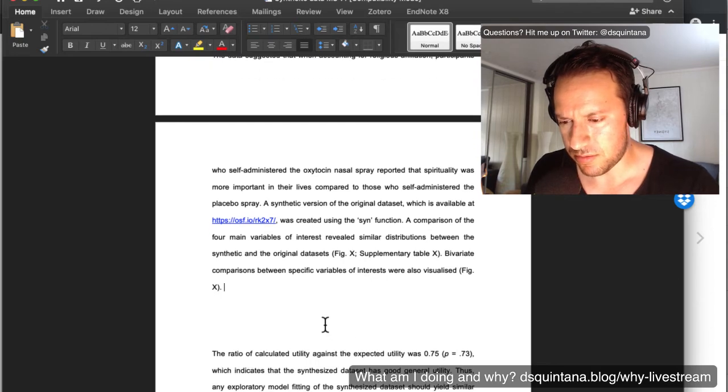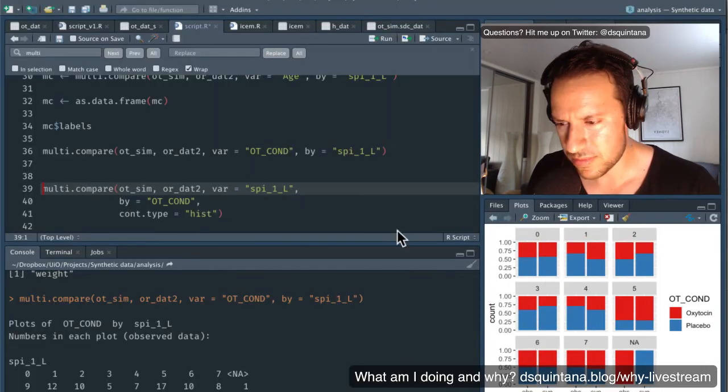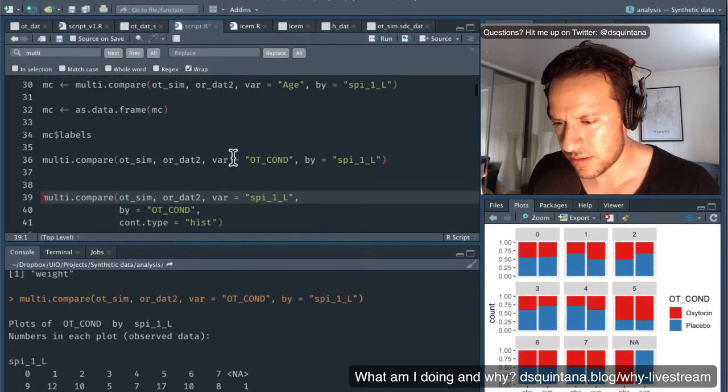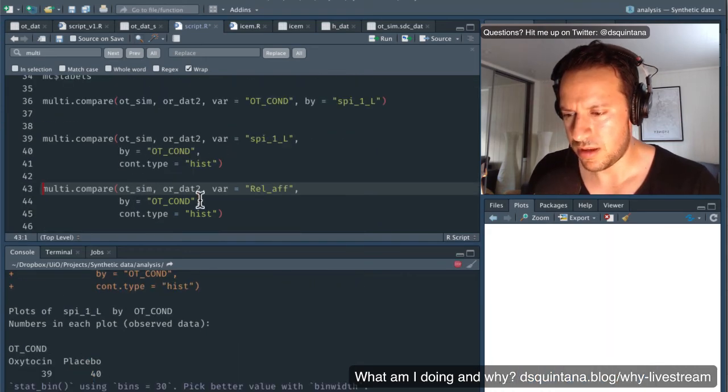Bivariate comparisons were also visualized. Check that again.